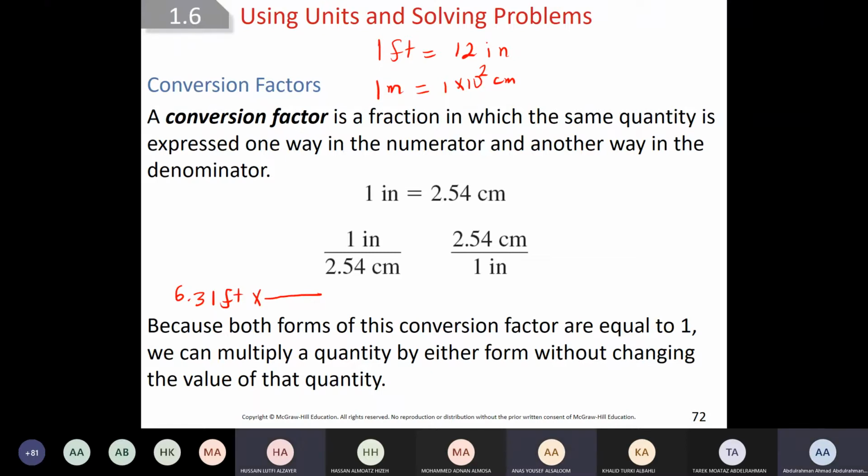What should I write at the top or the bottom? On the top is 12 inches, 12 over 1 foot. Okay, good. And then? Convert to centimeter, inch to centimeter. So which conversion should I use? Centimeter up.